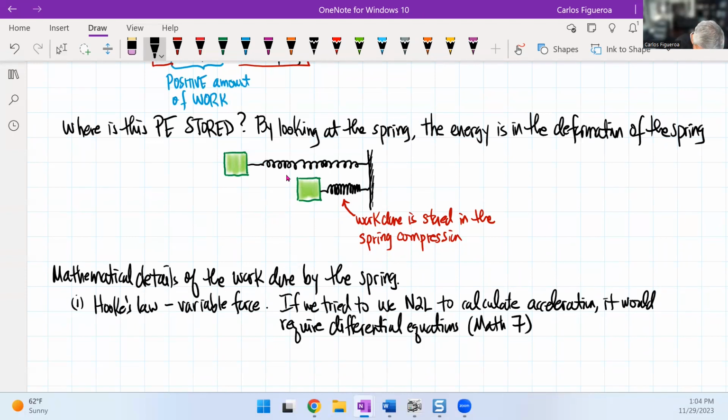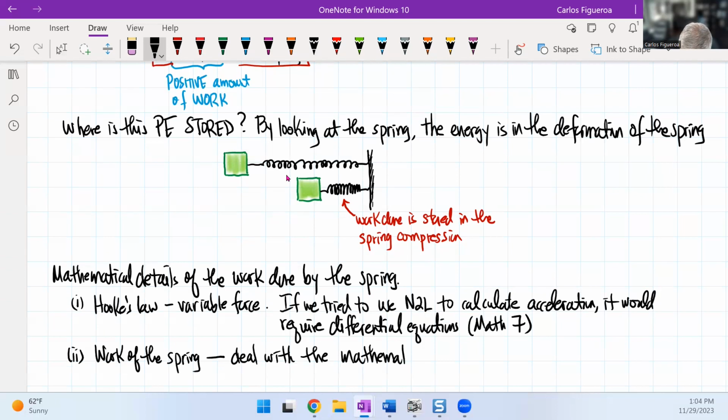But what you're going to find is that when we look at the work of the spring, we will deal with this mathematically by calculating areas.